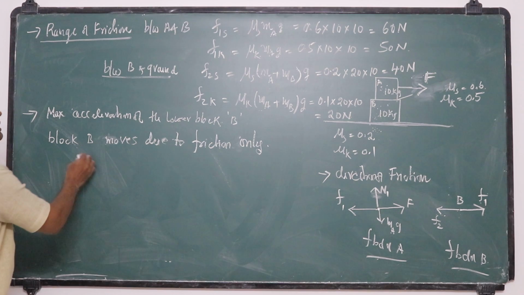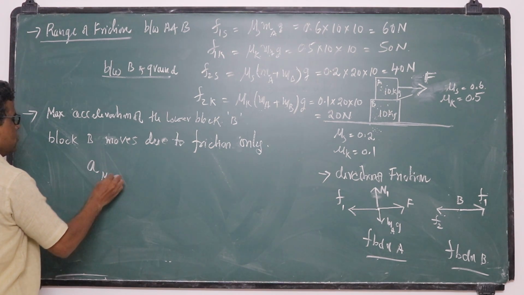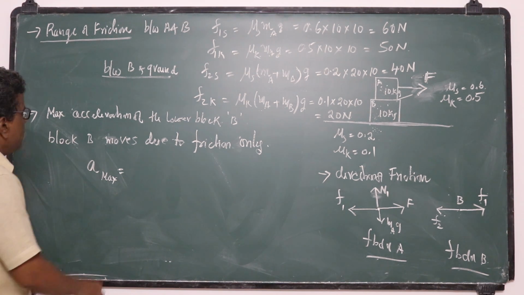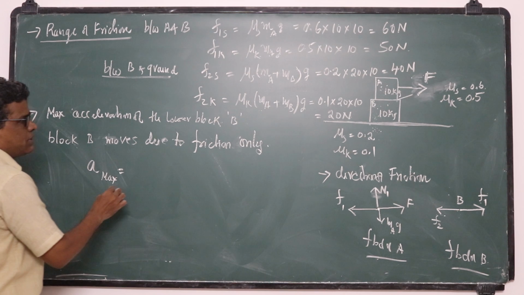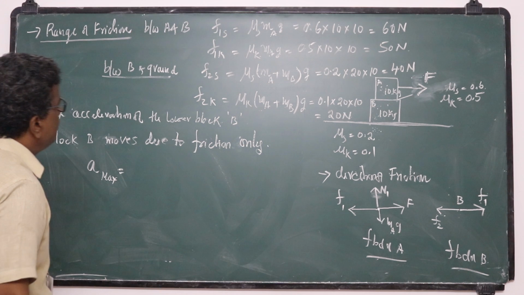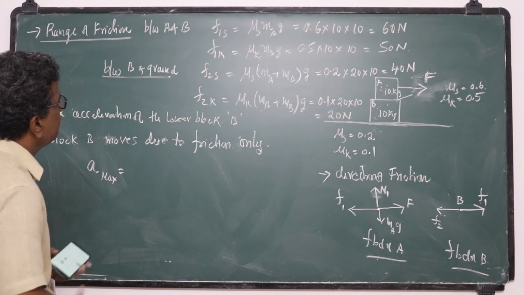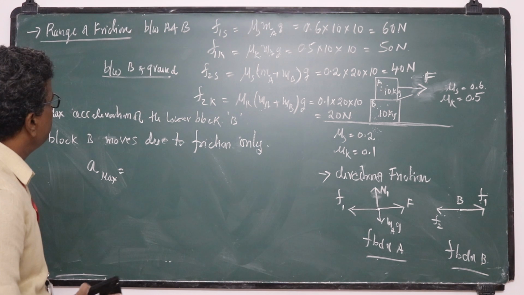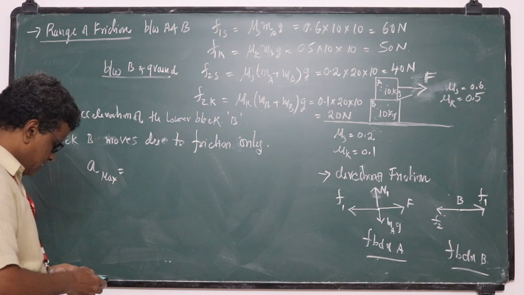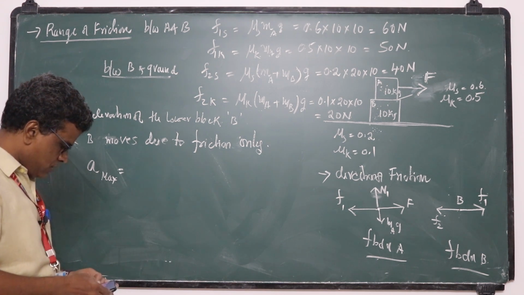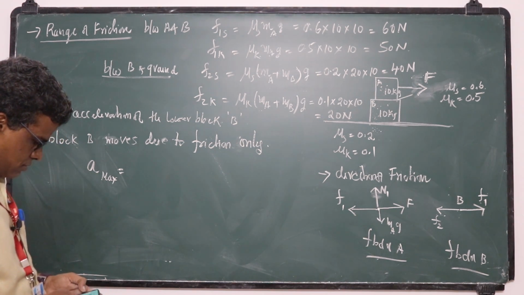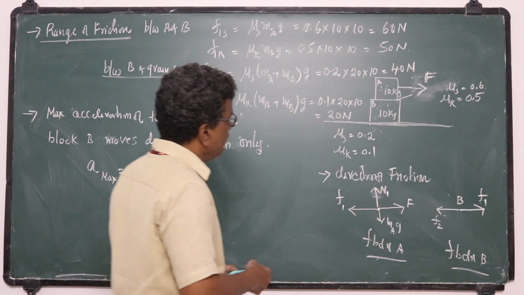So what is the maximum value of frictional force acting on the block B? What is the maximum acceleration of the block B? F1 is how much?